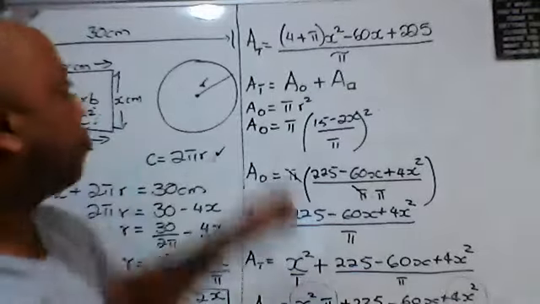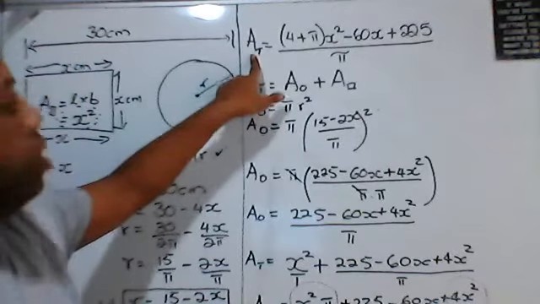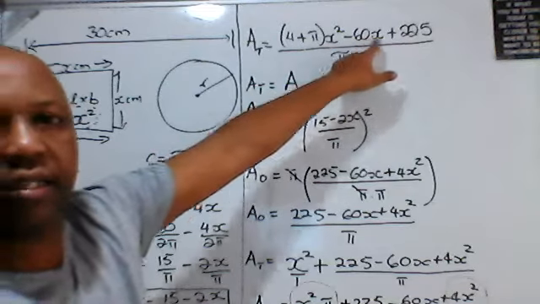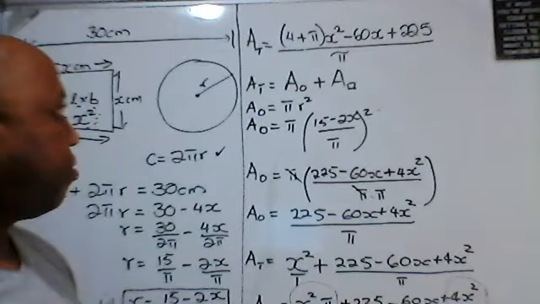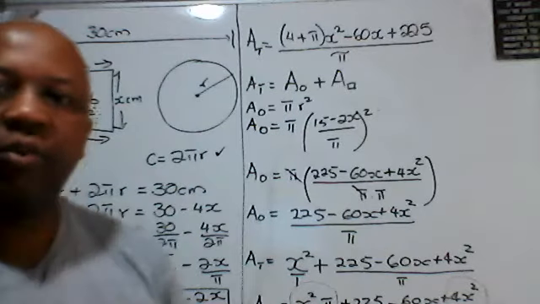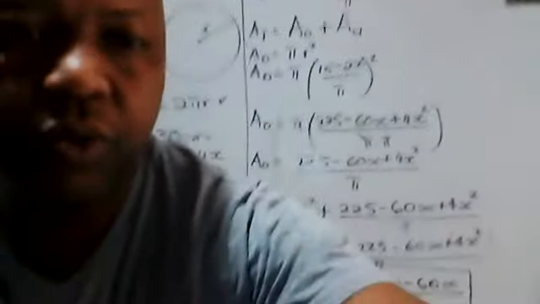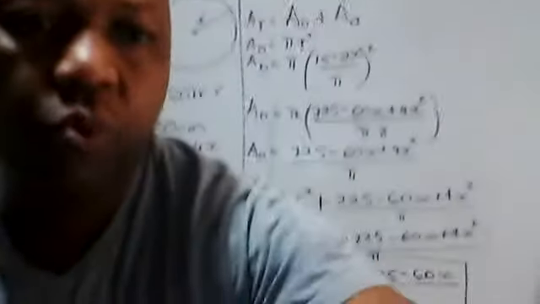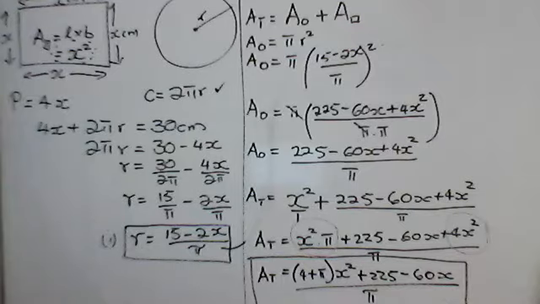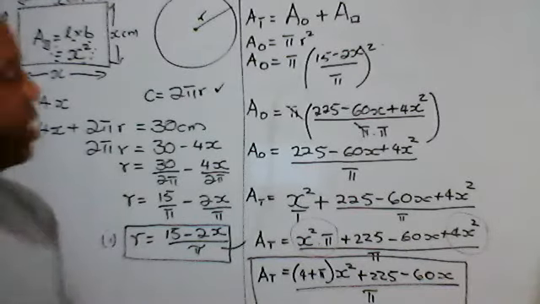So they asked us to prove that the area total is 4 plus pi x squared minus 60x plus 225, divide all of that by pi. We've done it. We've proven it, folks. Successfully so. And this is what we ended up with: 4 plus pi x squared plus 225 minus 60x.